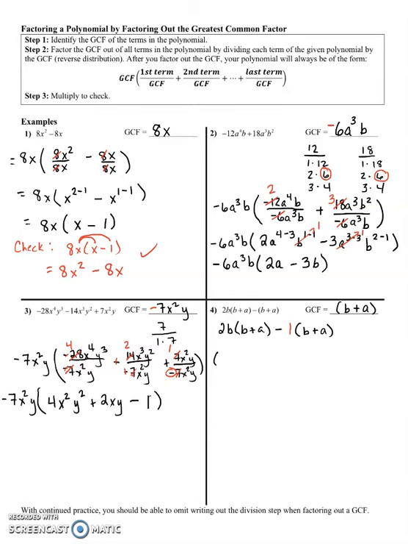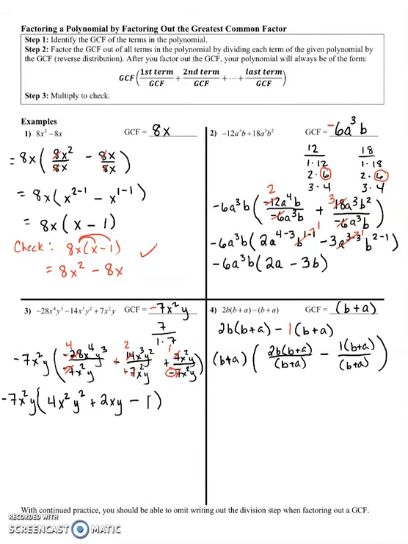So if we take out the b plus a, then we have 2b times b plus a in parentheses divided by our greatest common factor, which is that b plus a, then minus 1 times b plus a over that b plus a.